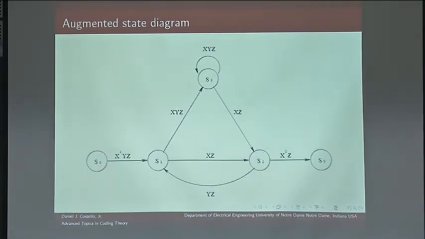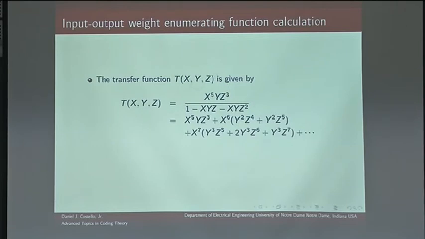Now, if you augment the state diagram, you get a z on every branch, and you get a y on the branches that correspond to an input of 1. And then if you apply exactly the same technique, except you have 3 variables now instead of 1, you get this, which tells you that your weight 5 code word is generated by an input sequence of weight 1, and its length is 3 branches or 3 time units.